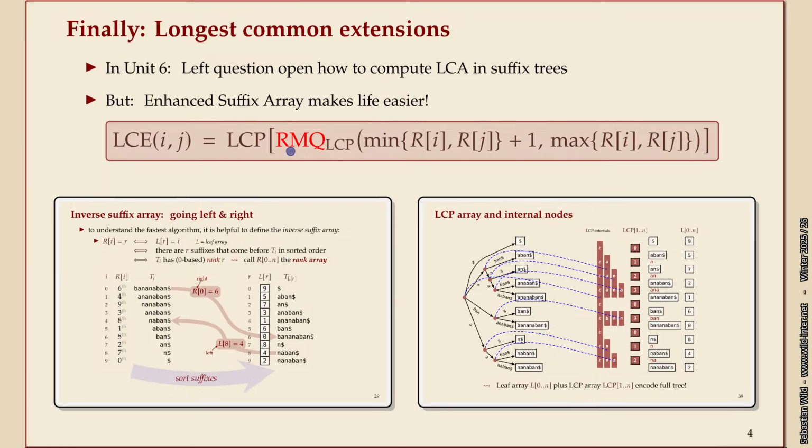Here we really need the value, not the index. That's why the result of this RMQ query is put into the LCP array. So we really read the minimum value. So all this says is you're finding a range in the LCP array and give me the minimum value.